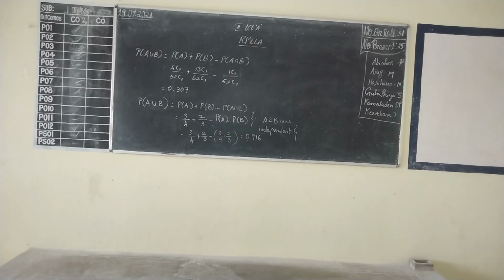Two persons, A and B, two persons, still you have not copied. Finish it first.